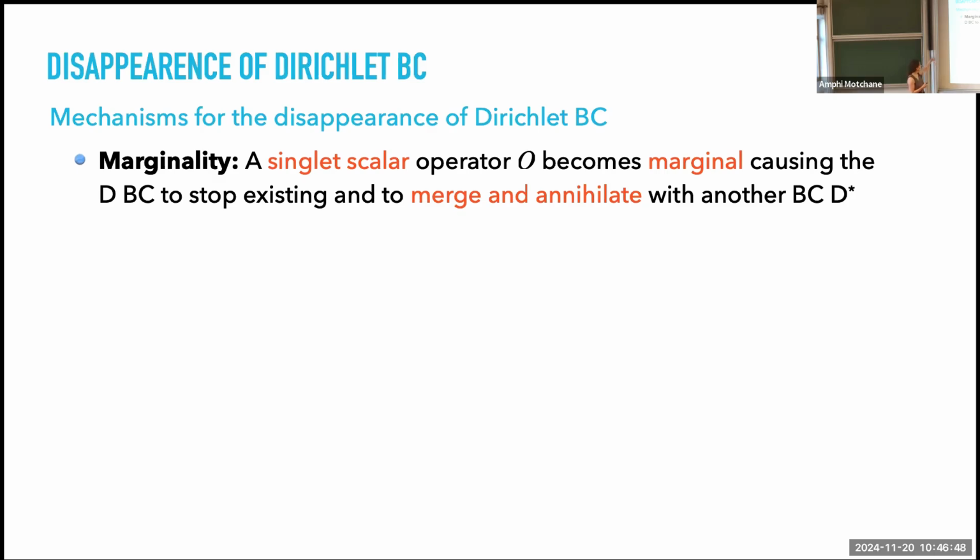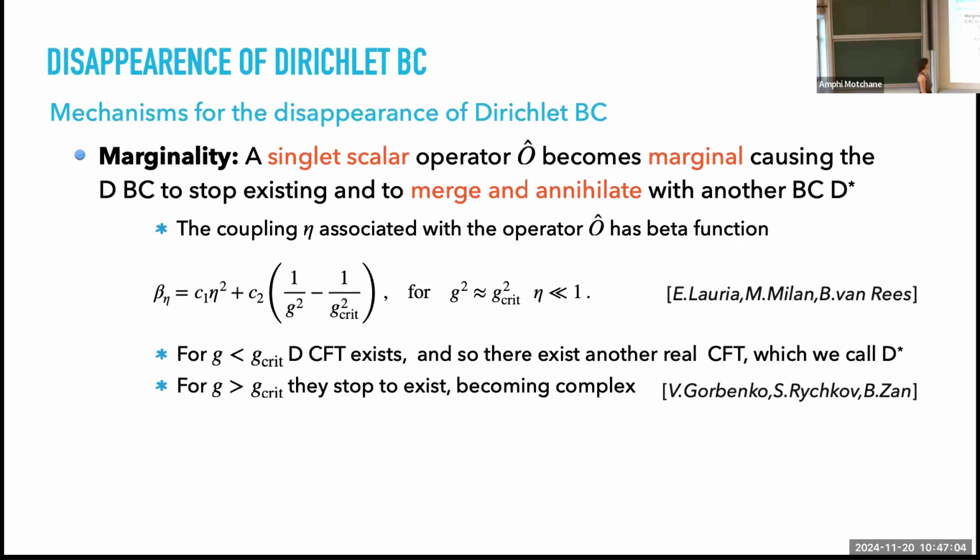And this would mean that the Dirichlet boundary condition merges with another boundary condition that we will call Dirichlet star, and after this marginality is reached, disappears from the spectrum and becomes complex. Okay, so let me explain to you why.